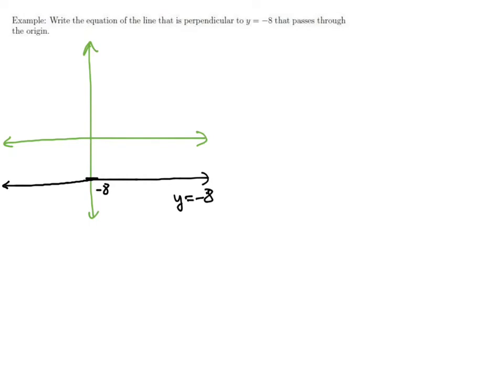Now we want a line that is perpendicular, so it's going to cross this original line at a 90-degree angle, and it passes through the origin. Well, the origin is the point (0, 0) here. So actually, this new line is going to be right along the y-axis, and it makes a right angle with that original line y equals -8.